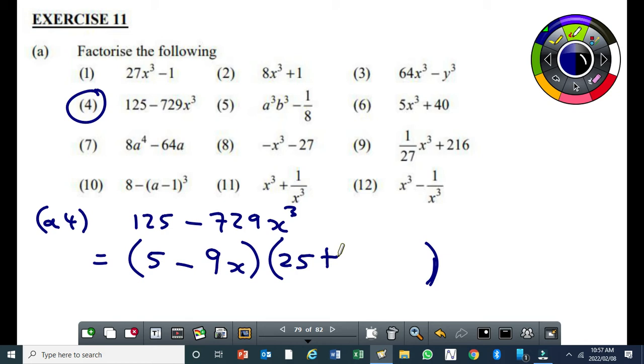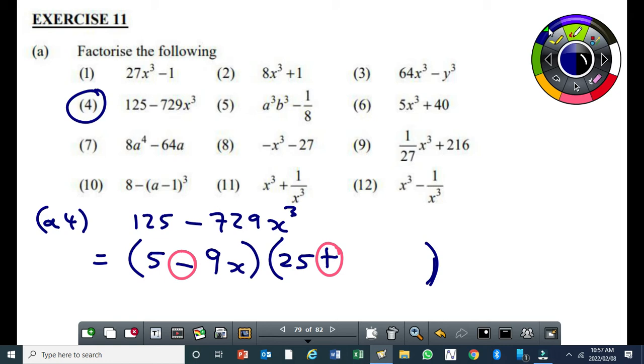Now be very careful whenever you are factorizing a difference and the sum of 2 cubes. If there's a minus here, the first sign in the trinomial will be a plus. If there was a plus here, the first sign in the trinomial will be a minus. To get the middle term, it's very easy.